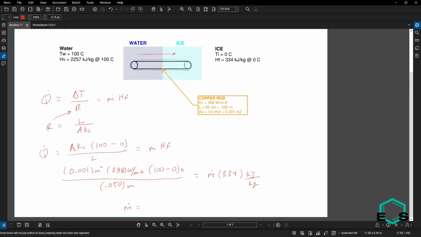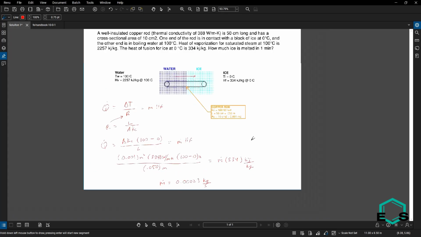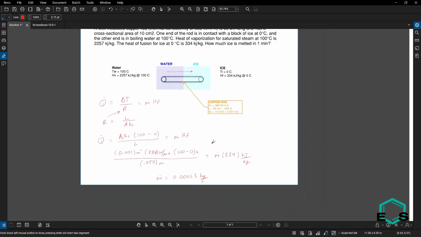All right, and if I solve this for m dot, let's see, you will get 0.00023 kilograms per second. All right, so they wanted how much mass in 1 minute.